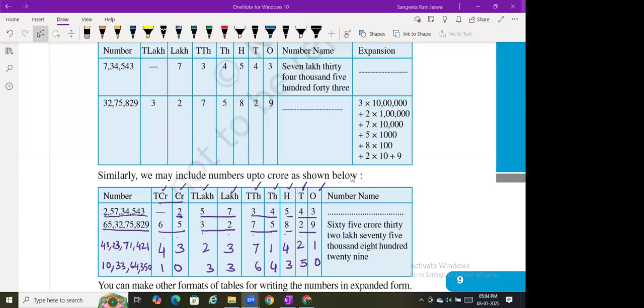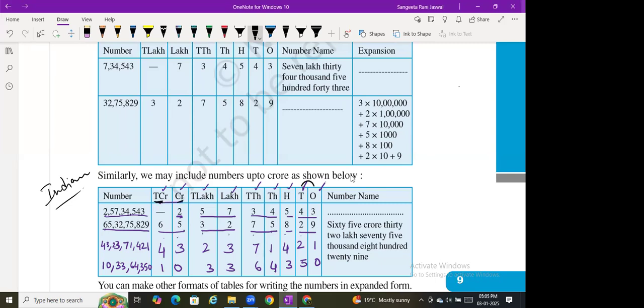See, this is the Indian system. It starts with ones, tens, 100, 1,000, 10,000, lakh, 10 lakh, crores, 10 crores, right?